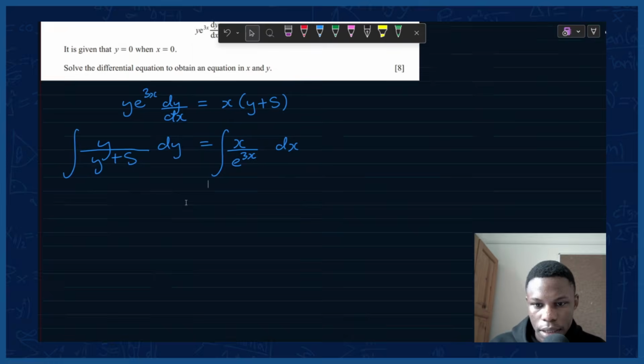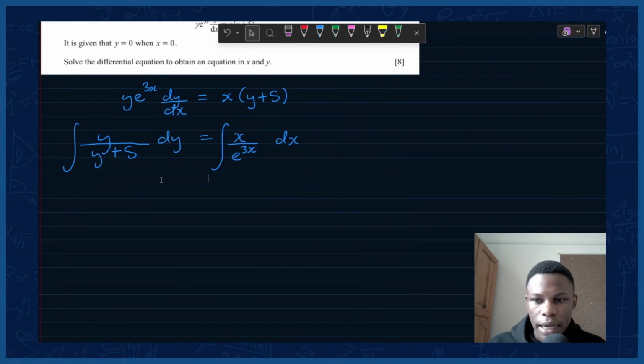Okay. So on the left-hand side, we can't integrate this directly, but I want you to notice that this is an improper fraction. So the highest power in the denominator is equal to the highest power in the numerator, which means we have an improper fraction.